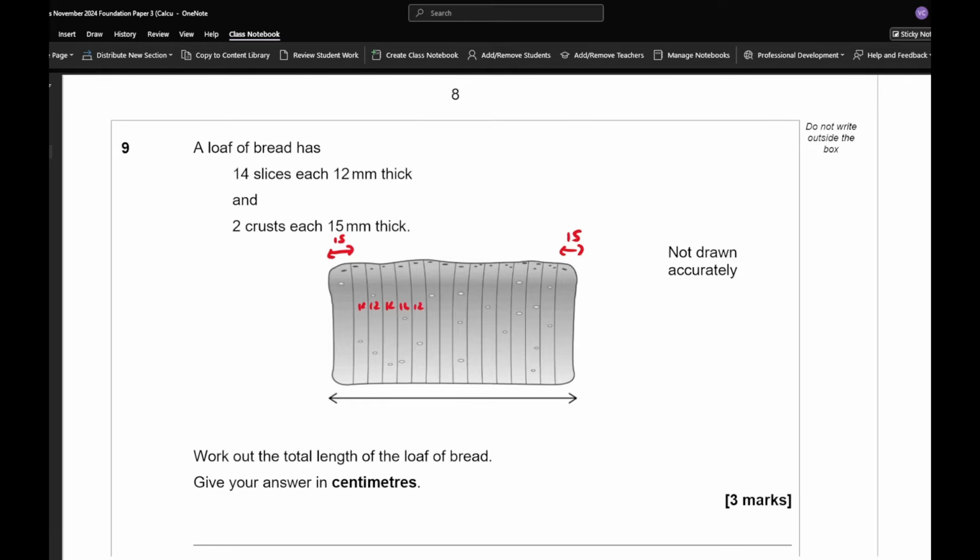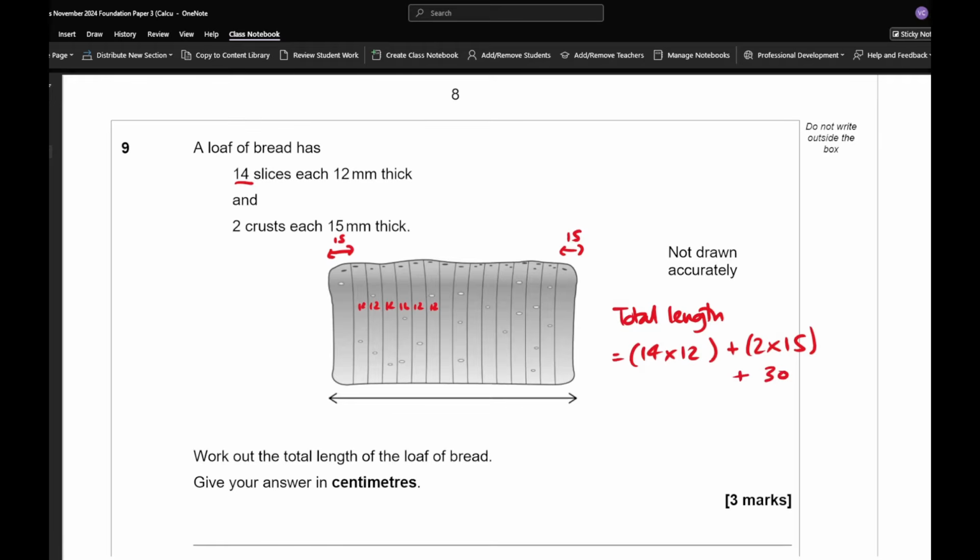Now you could do it this way of adding all of those. If we count how many we should have, well, it tells you that there's 14. So the total length is going to equal 14 times 12 plus 2 times 15. And typing that all into my calculator should give me an answer. Well, this is going to equal 30.